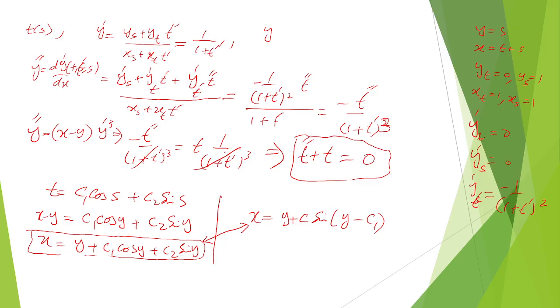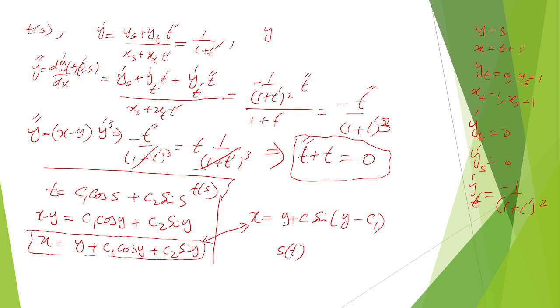Why did I write the previous solution in this form? They are the same thing. These two solutions are equivalent. So in this case, I take S to be dependent on T. And in this case, I take the reverse, T dependent on S. But which is better?